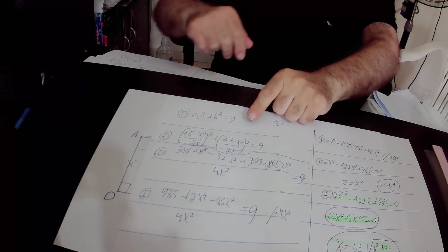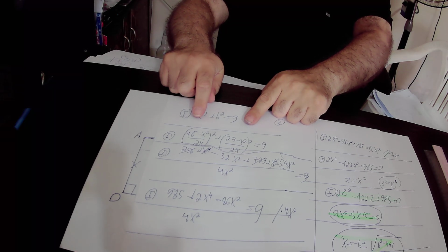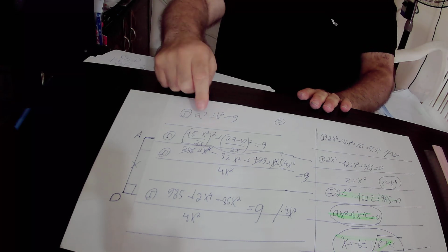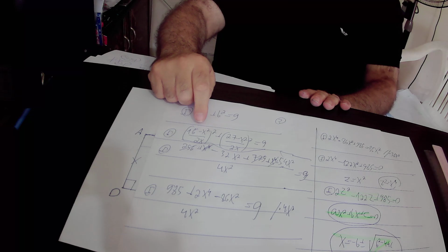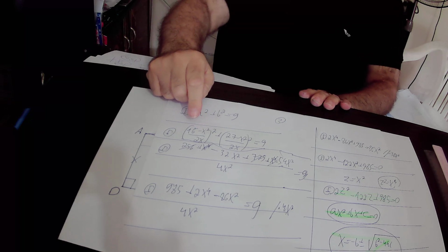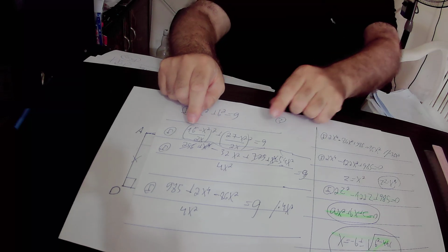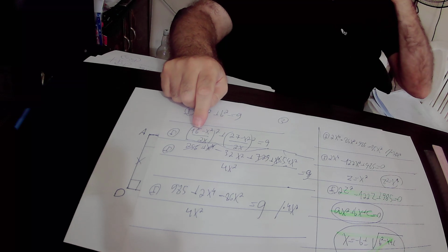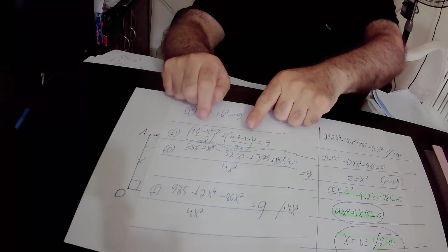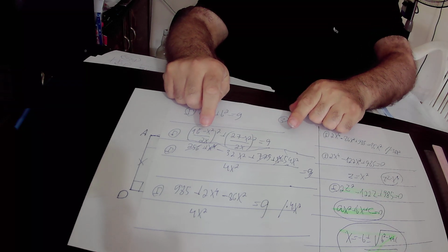Here we open the brackets of those two expressions in equation number 1, and we got that (16 minus x squared) squared is 16 squared, that is 256, plus x squared squared is x to the power of 4, minus 2 times 16 is minus 32 times x squared. Because those two expressions have the same denominators, we can add the numerators.